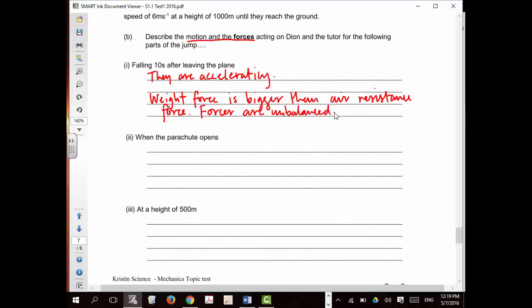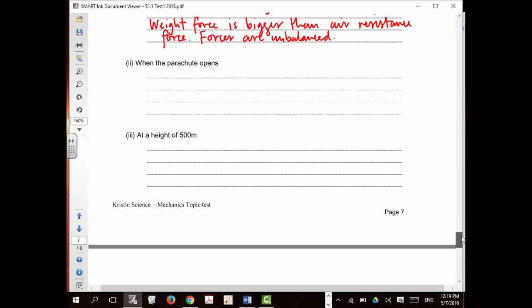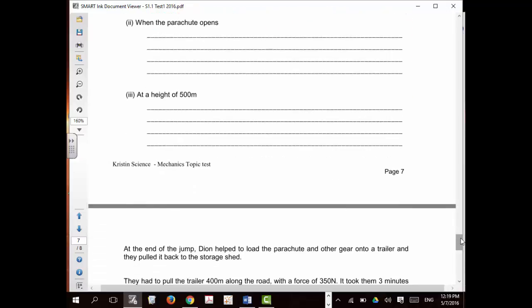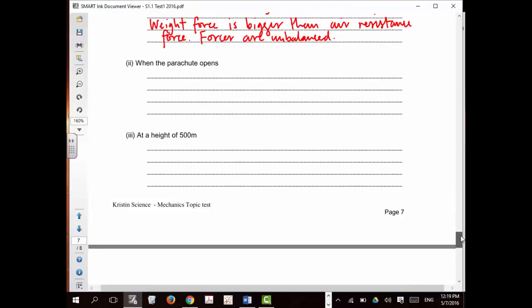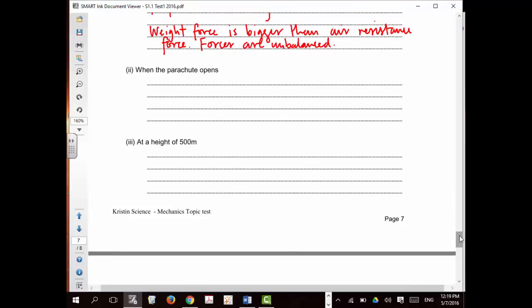Okay. In the second one, when the parachute opens, well, then the air resistance is suddenly going to become much bigger than the weight force, because the parachute opens, so the air resistance suddenly increases, the weight force stays the same, and that's going to cause them to decelerate. So they will decelerate.